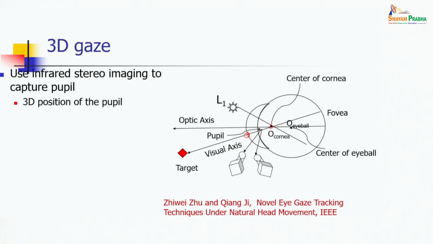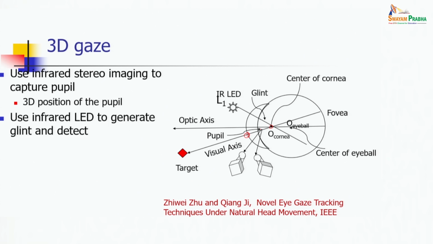Then, using the LED with a known location, you can also capture the corresponding image of the glint, that is, the virtual image of the glint. So, you can get the 3D position of the virtual image of the glint, which is the fixed reference position in the cornea.